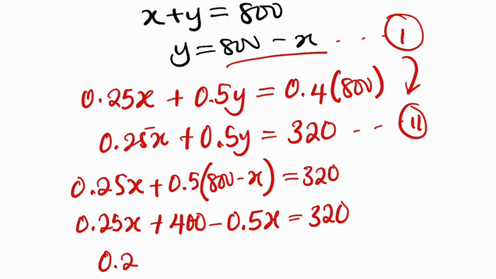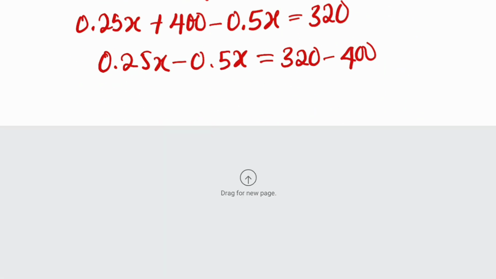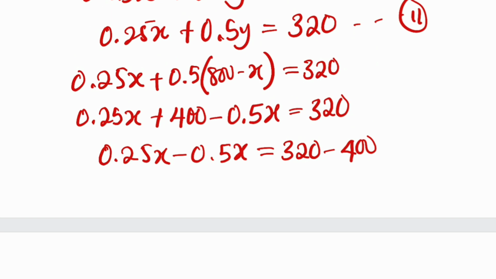Let us bring the like terms together. This is 0.25x minus 0.5x, equal to 320 minus 400. All right, so 0.25 minus 0.5 is negative 0.25. This is equal to 320 minus 400, which is negative 80, right?